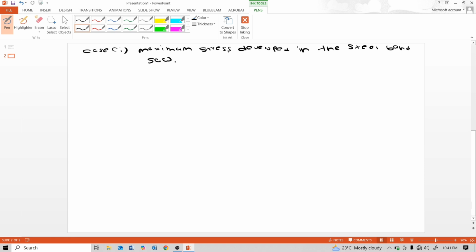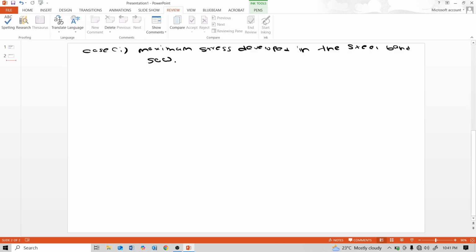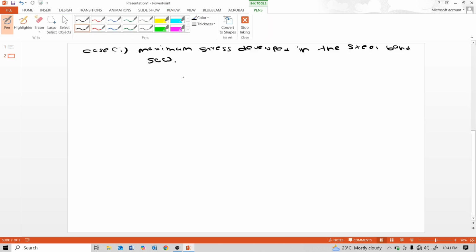First calculate the position of the neutral axis. For this steel band saw, the position of neutral axis is thickness by 2. That means position of neutral axis, denoted as small y, is equal to thickness by 2, and thickness of the steel band saw is 0.8 mm, so 0.8 by 2, that means 0.4 mm.